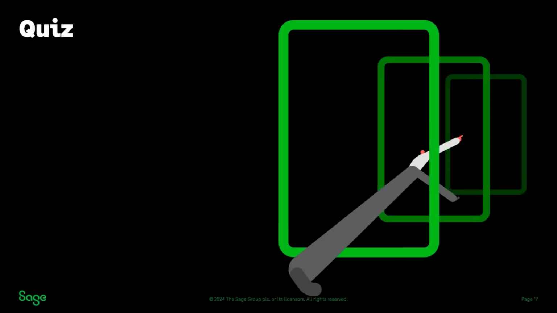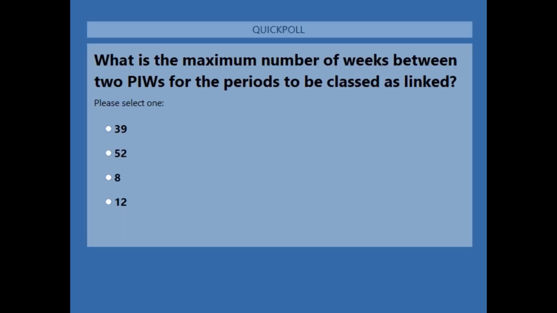On to question 3. Okay, so this one is about linked PIWs. What is the maximum number of weeks between 2 PIWs for the periods to be classed as linked? So would they be linked if there is up to 39 weeks between them? Is it 52 weeks?